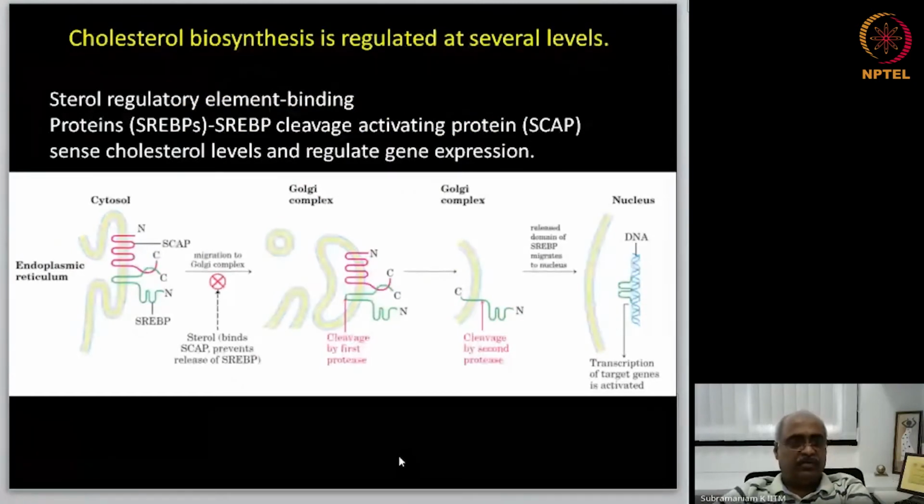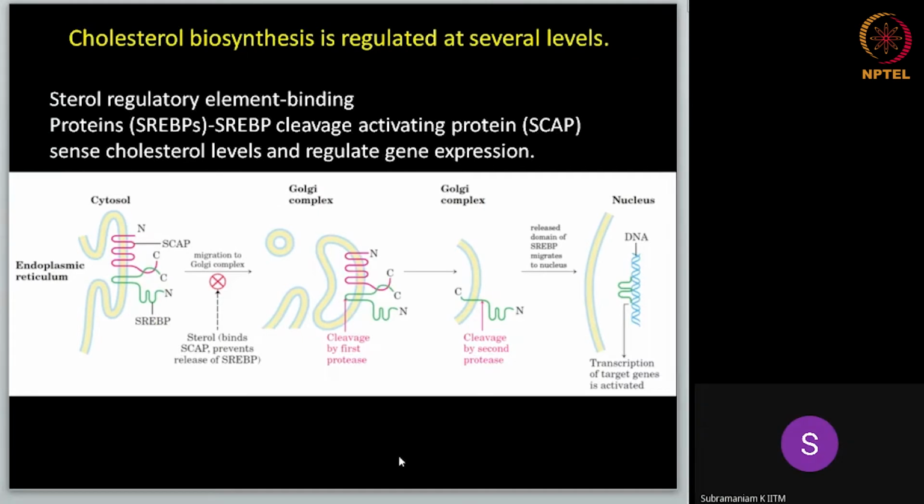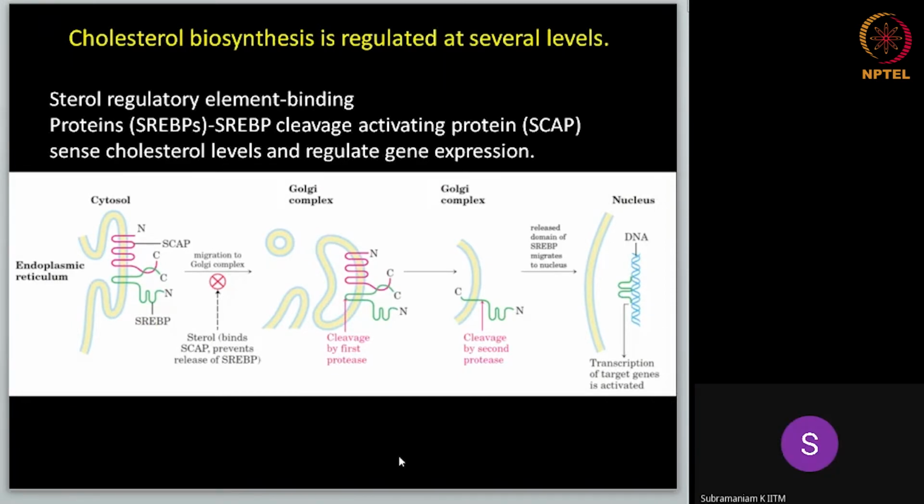Okay, so today we are going to focus on cholesterol biosynthesis and a little discussion on disease conditions, and then what other molecules are synthesized from cholesterol, and then we will begin our discussion on hormonal control of metabolism. For those of you who are interested in metabolism-related diseases, that is actually an entirely separate course.